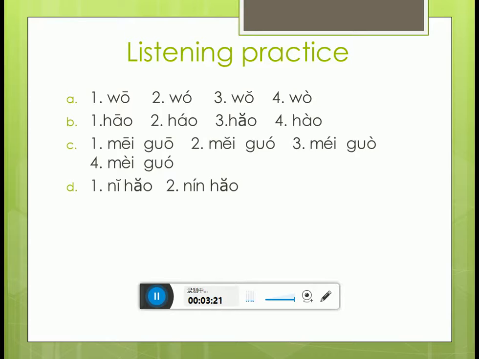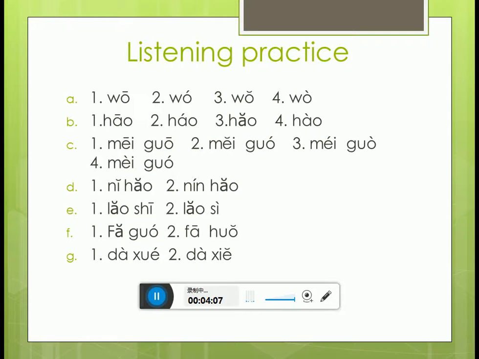So I will read the third time. 您好. Okay. E. 老师. F. 法国. G. 大学.